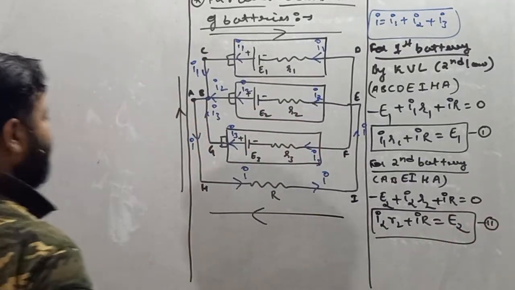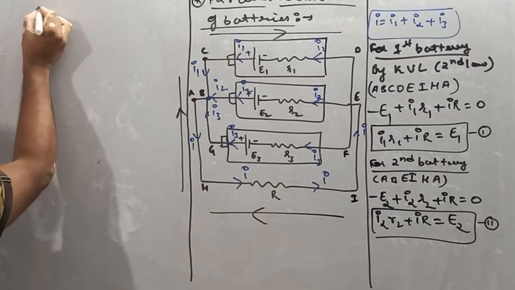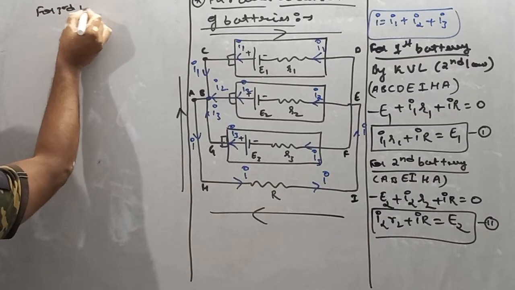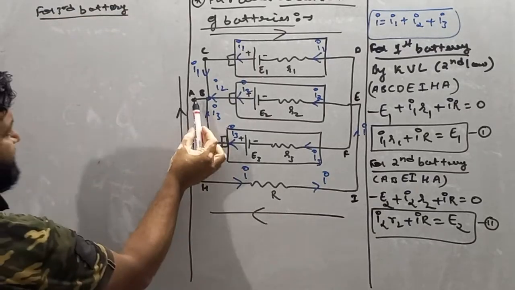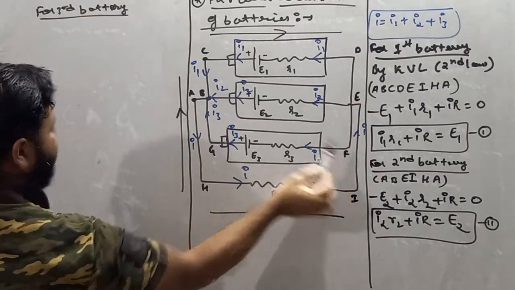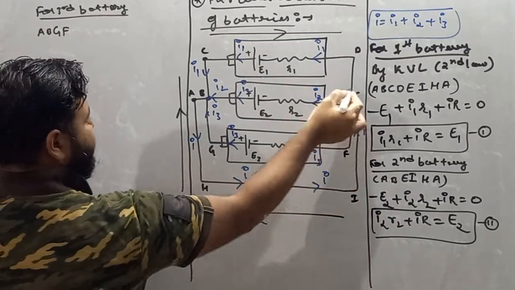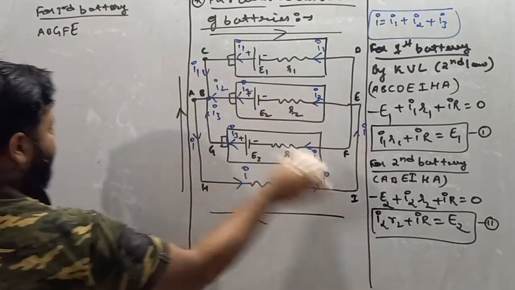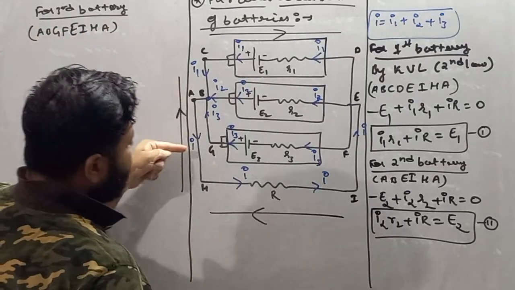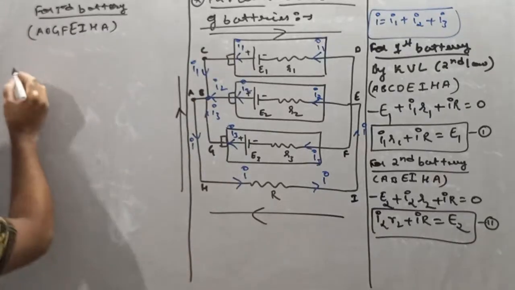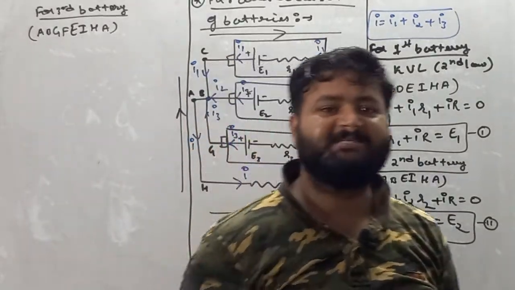Moving forward, I am writing KVL, or we can say the second law, for the third battery. What is the loop? Loop is A, B, G, F, then again E, then I, then H and then again A. Again plus to minus means I am going from higher potential to lower potential, so my potential is decreasing.